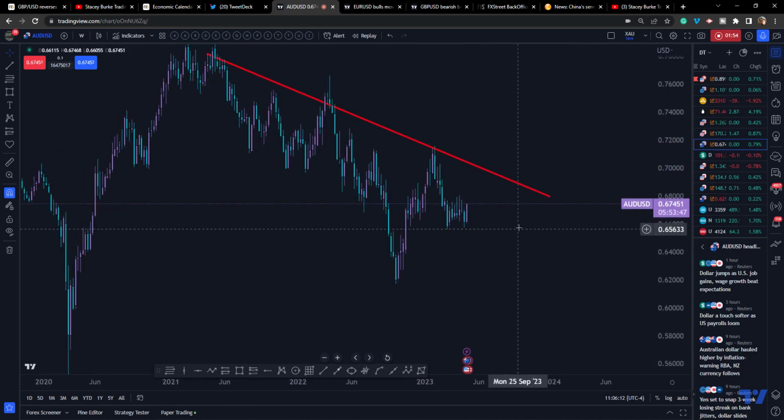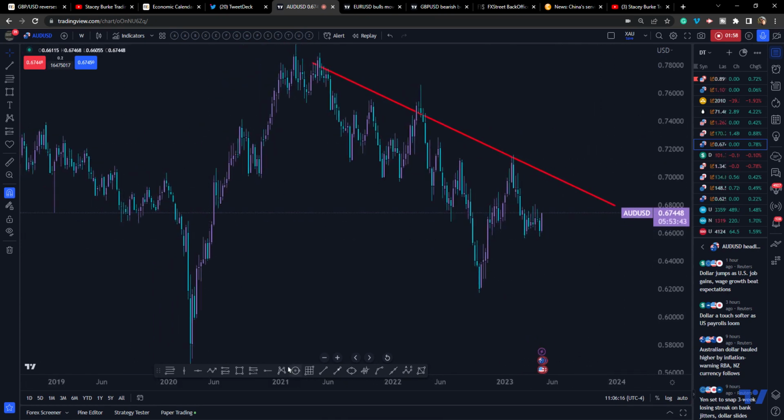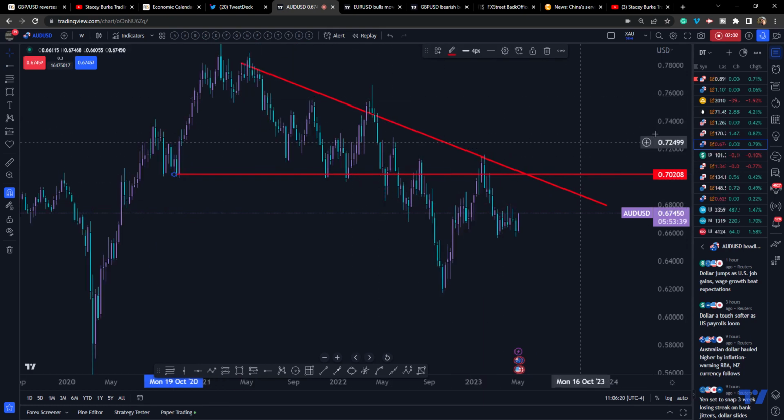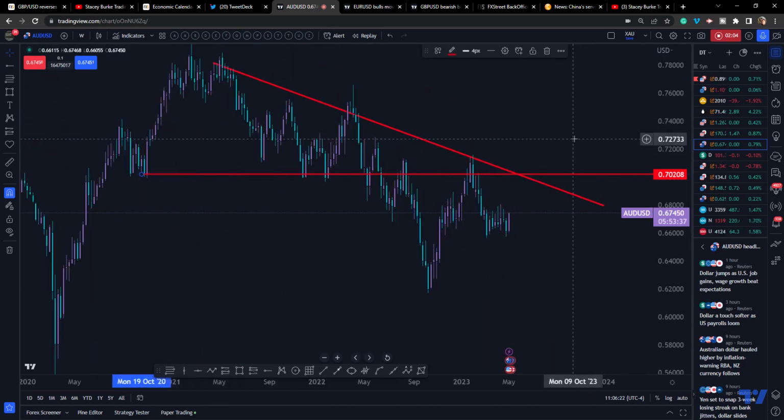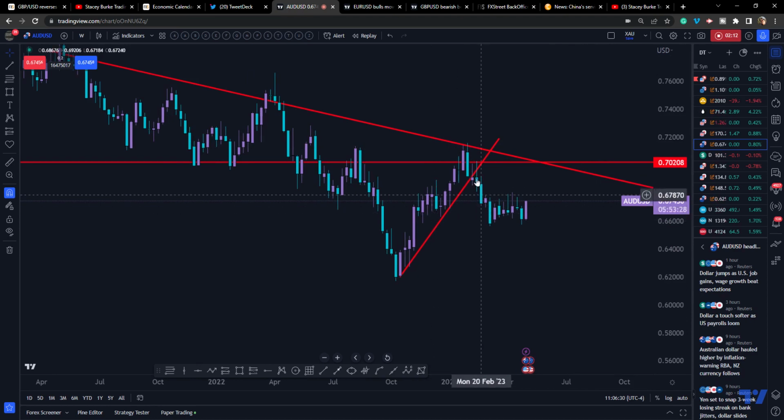And on the inside of this market, we've obviously broken that level there. And more recently, this prior bullish trend has been broken.